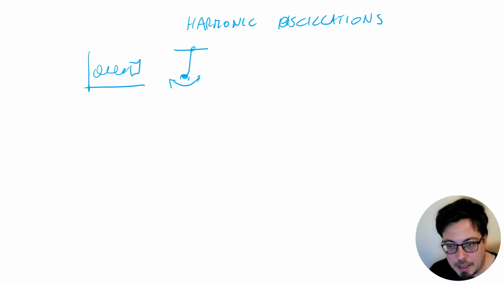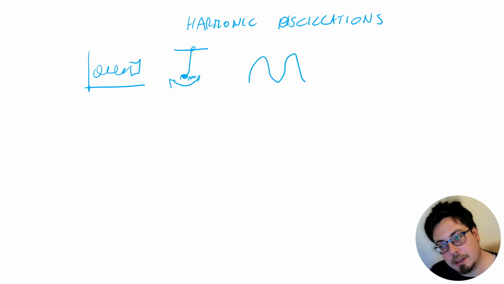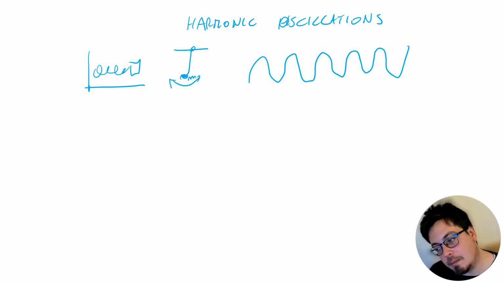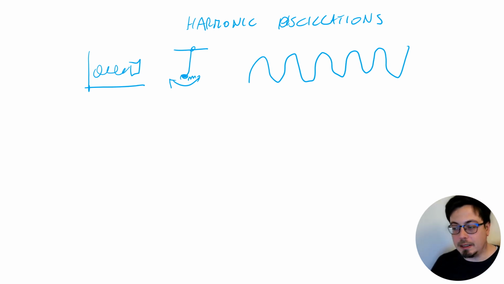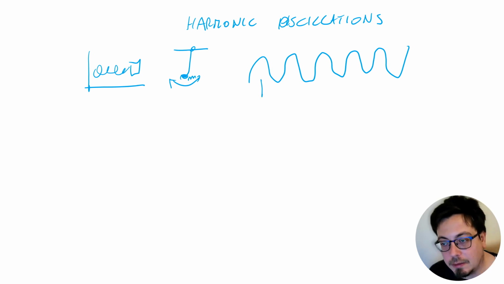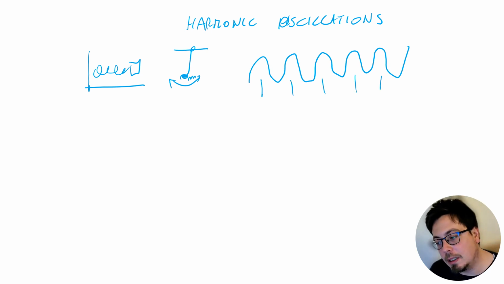The position of the mass can be described in some reference frame as a sinusoid. It's called harmonic because, even in music, those are harmonics like notes. Notes vibrate at a certain frequency, and those frequencies are called harmonics.